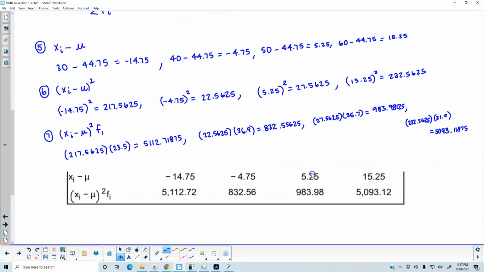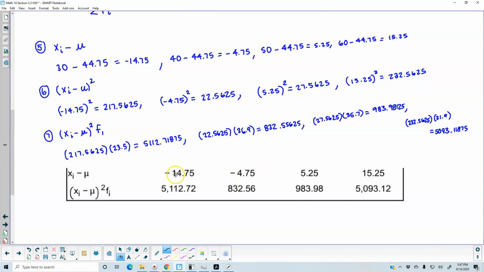Okay, so now we can see that we have the rest of our table. We have our midpoint minus our mean, and each one of these values is now rounded to 2 decimal places. So what we want to do now is find the sum of the last row.